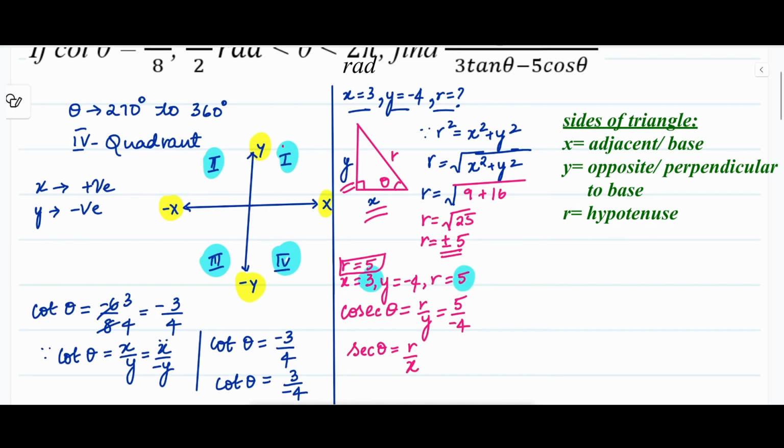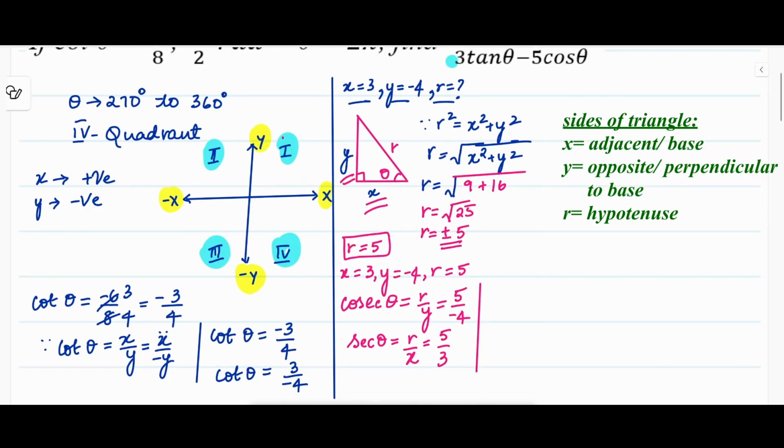So therefore we will get 5 by 3. Next is tan theta. The definition of tan theta is always y by x. The value of y is minus 4 and the value of x is 3. So therefore we will get minus 4 by 3. Next is cos theta. The definition of cos theta is always x by r. The value of x is 3 and the value of r is 5. We will get 3 by 5.